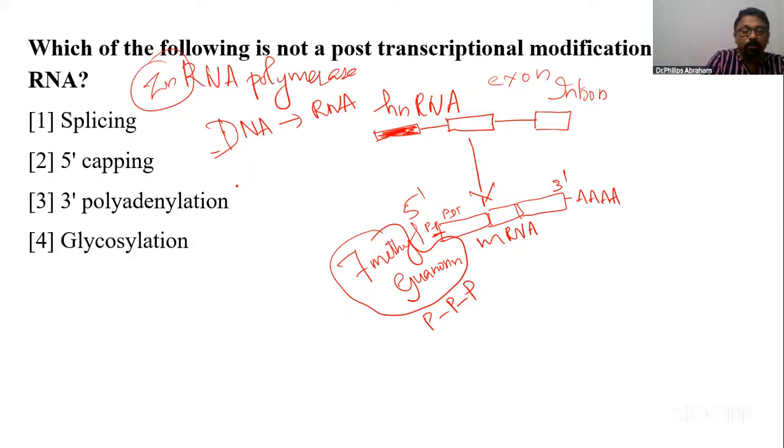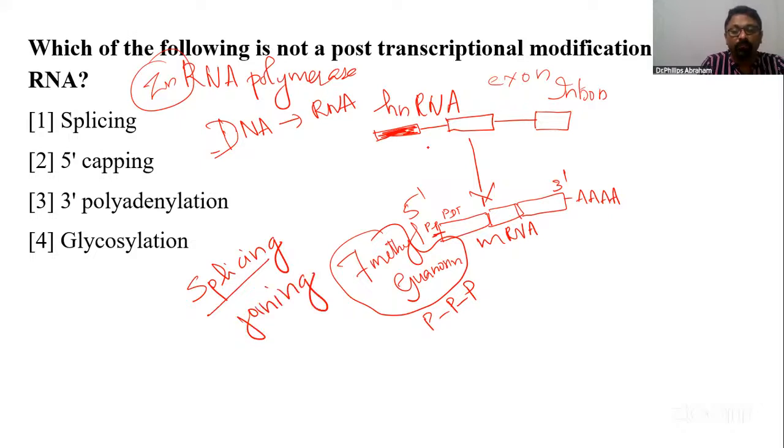Please note, splicing is not slicing, it's not cutting. Splicing means joining. Joining of exon 1, exon 2, exon 3 after the removal of introns, we call splicing.